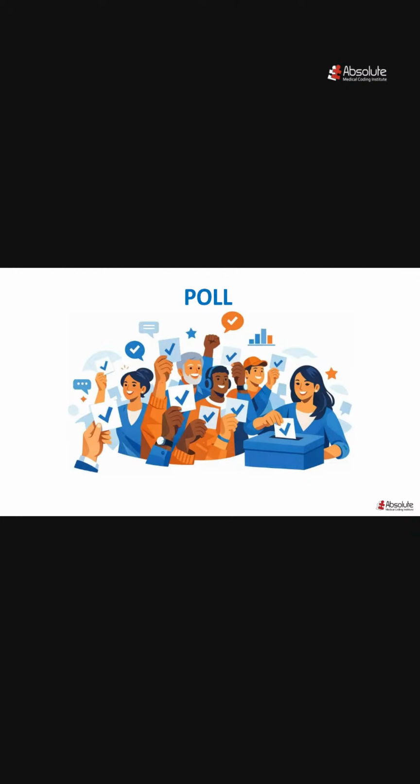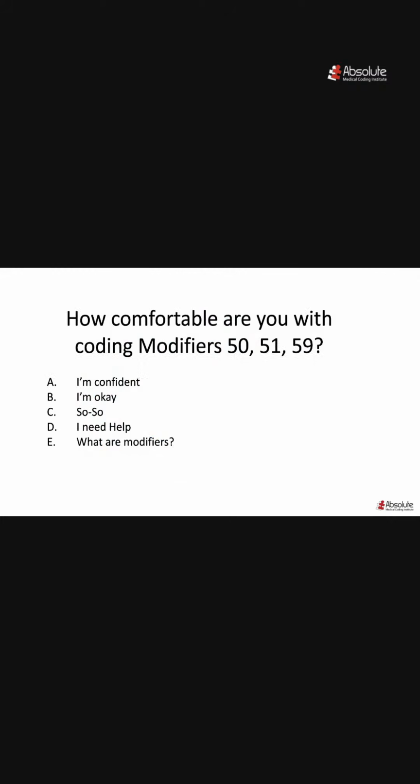So I got a poll for you. I want to know, how comfortable are you with coding modifiers 50, 51, and 59? Type your answers in the chat. A, I'm confident. B, I'm okay. C, I'm so-so. D, I need help. Or E, what are modifiers?